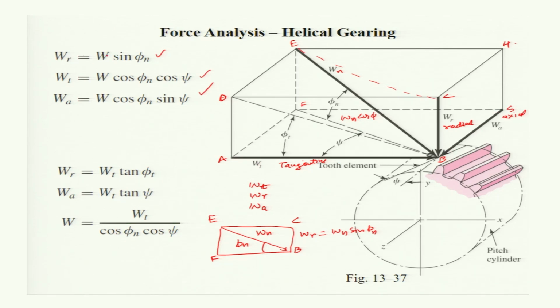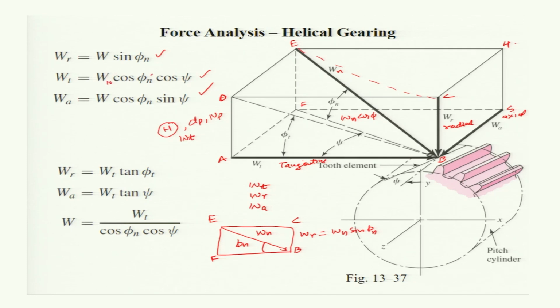Now Wn is determined in terms of the transmitted load, because the transmitted load is the known load. From the power which you want to transmit at the pitch circle diameter dP at the RPM NP, you will get the value of Wt. So Wt is known. So from Wt we get the value of this Wn.